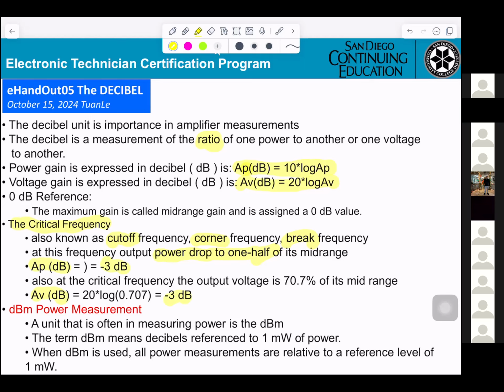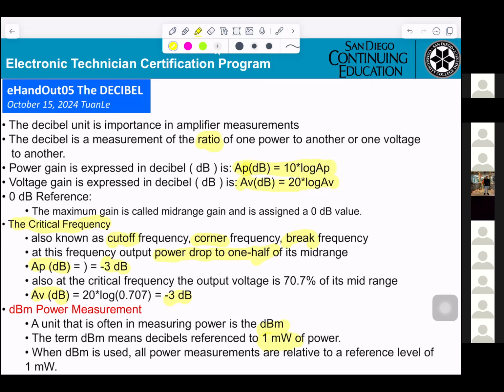dBm, power measurement. A unit that is often used in measuring power is dBm. The term dBm means decibel referenced to 1 milliwatt. Okay? dBm means decibel referenced to 1 milliwatt of power.